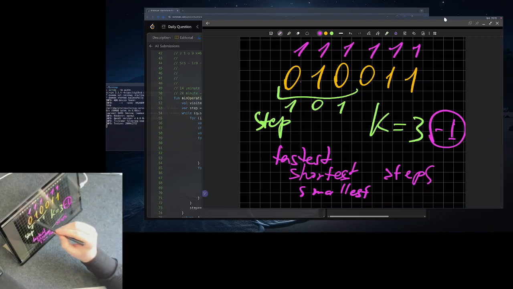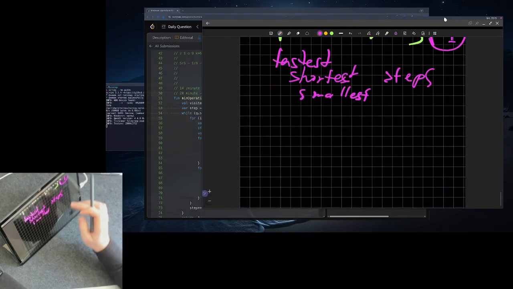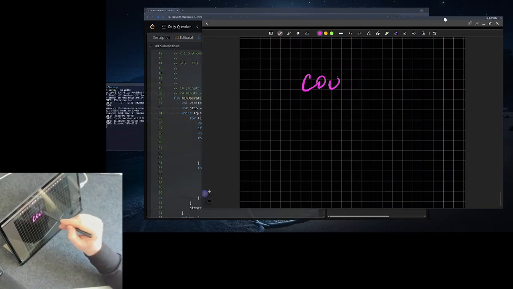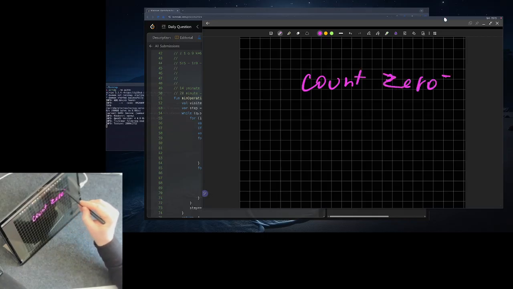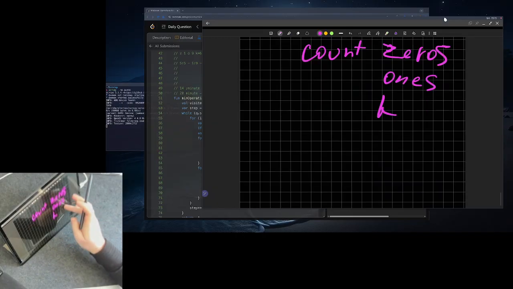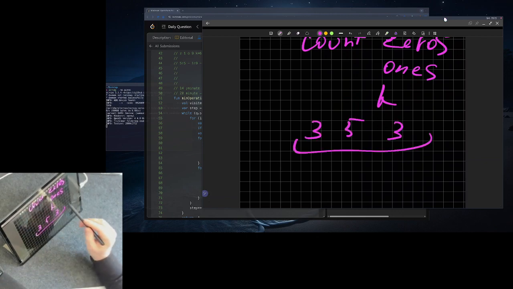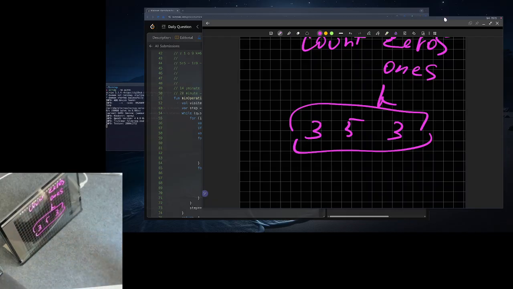We can choose any particular numbers, so the problem can be compressed just to count zeros and ones and k. So we have three numbers like 3, 5, 3, like this, and this is the problem.